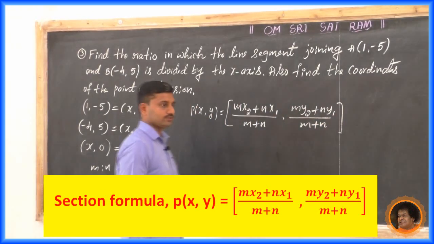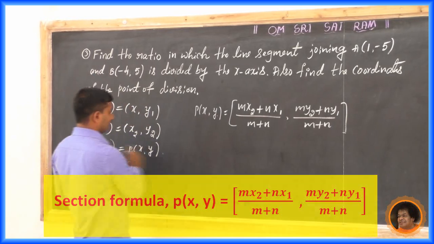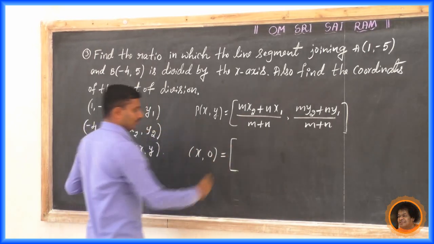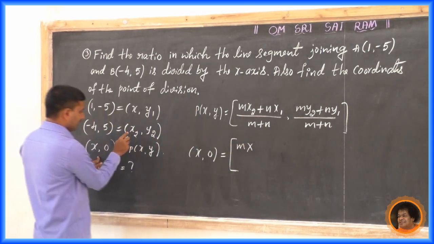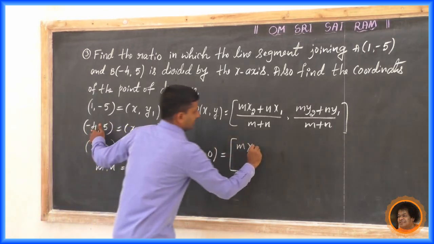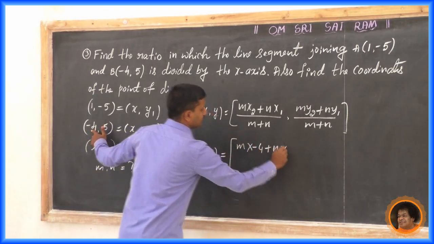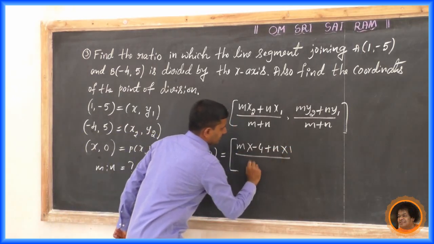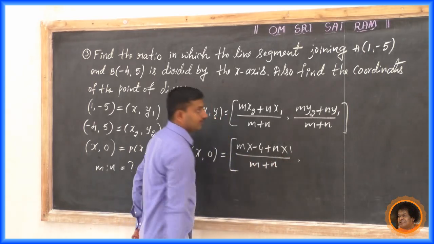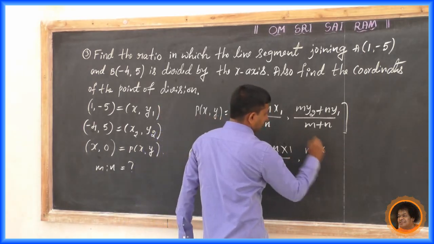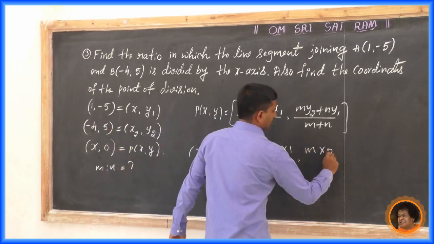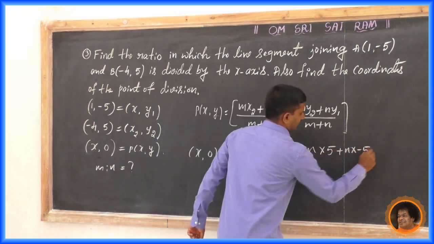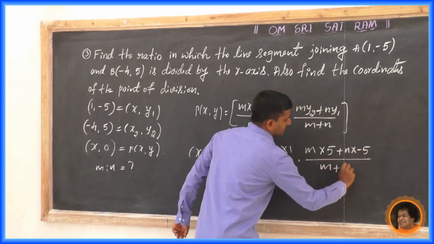Now substitute the values. P of x comma y is x comma 0 equal to m into x2, where the x2 value is minus 4, plus n into x1, where the x1 value is 1, divided by m plus n, comma m into y2, where the y2 value is 5, plus n into y1, where the y1 value is minus 5, divided by m plus n.